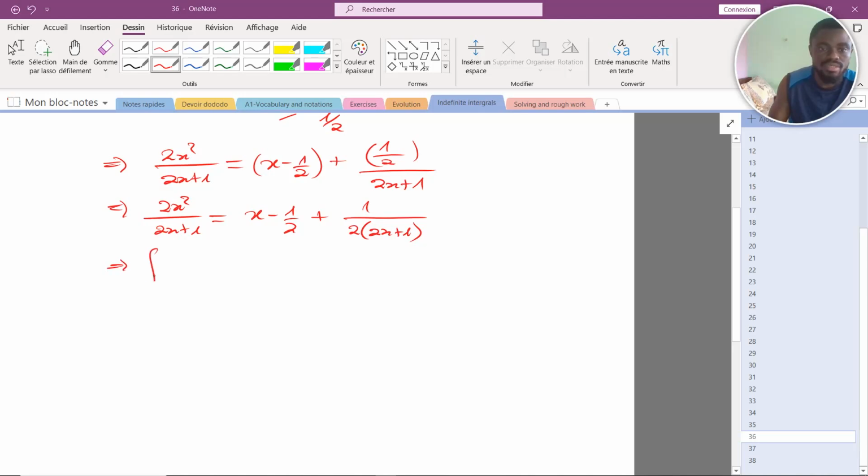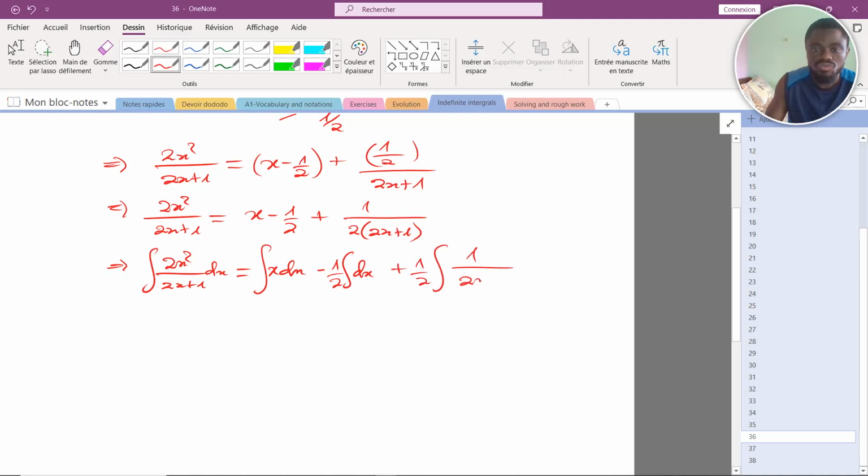This implies the integral of 2x squared over 2x+1 dx will be equal to the integral of x dx minus a half integral of dx plus a half integral of 1 over (2x+1) dx. I hope everything is okay.